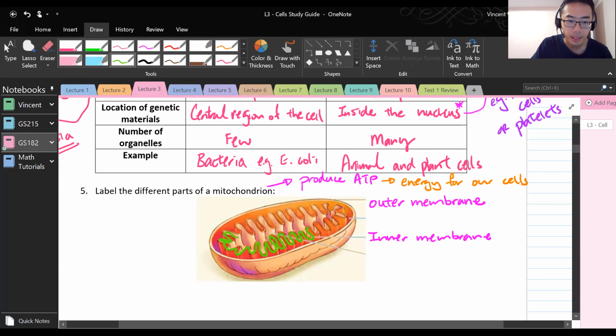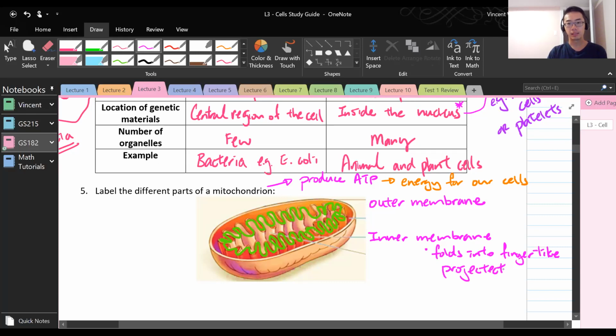I'm not going to go all the way up. You know what? Let's just go all the way around. So the inner membrane is actually all folded up. It folds into finger-like projections called cristae.